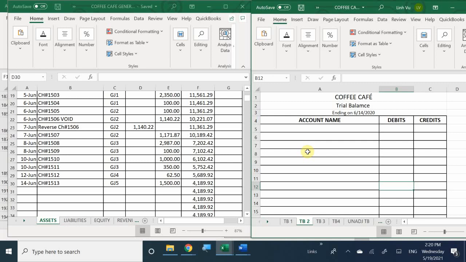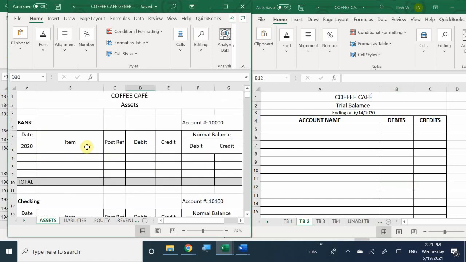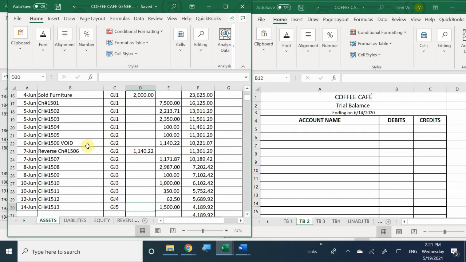But for now, I want you to practice going through every single account and marking down their account balances, starting with the very first one here with your checking account. Every worksheet that I have is going to be a brand new worksheet. So this, again, is the trial balance for the end of week 2, which is the 14th.